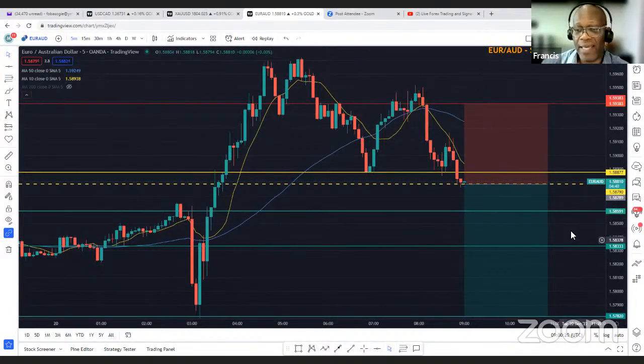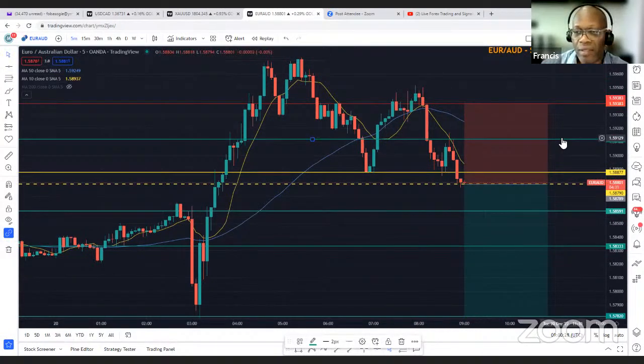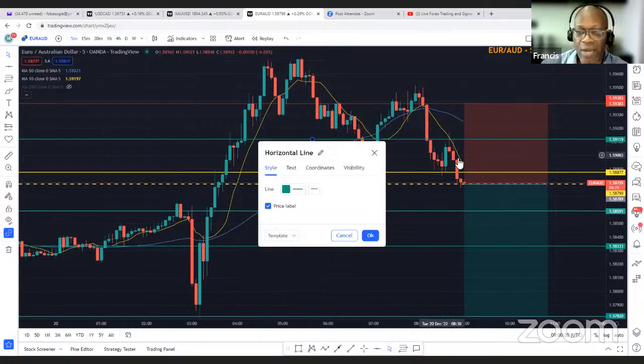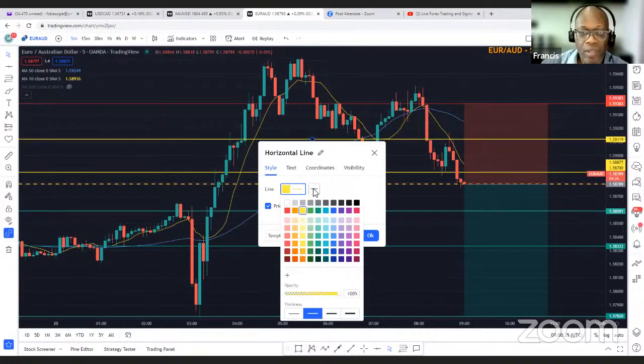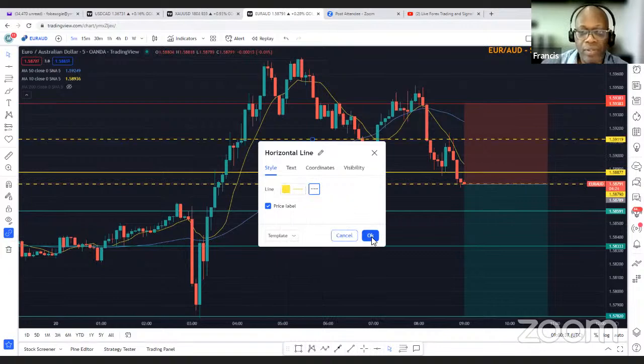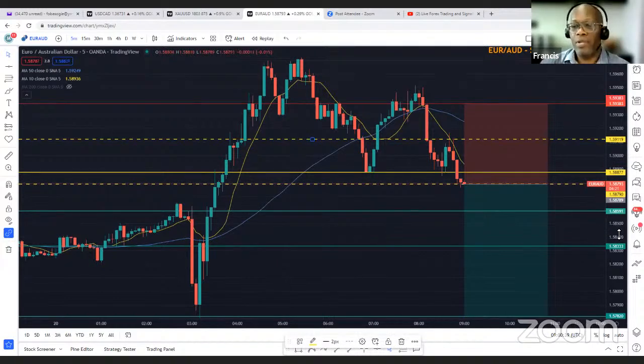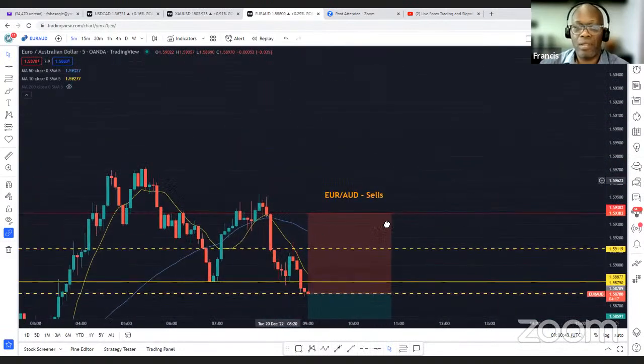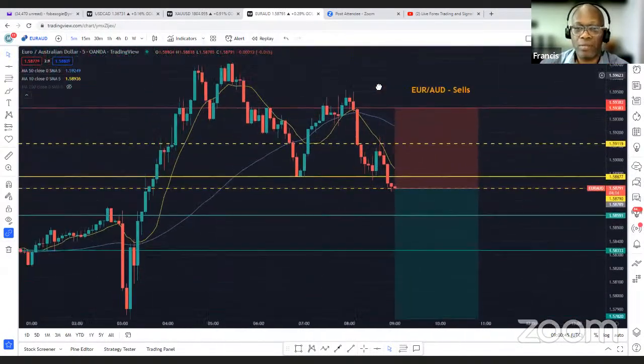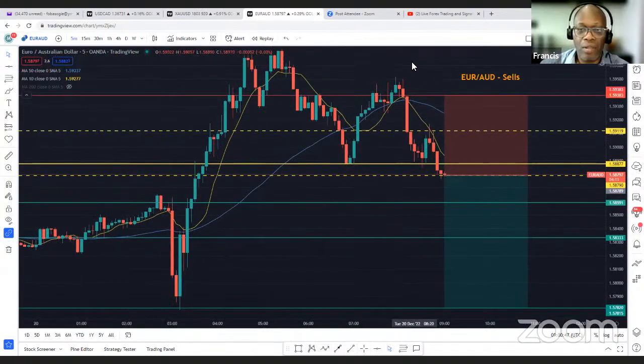In this particular case, I've entered here. I'll be looking to take another position somewhere around there, because that was the area of rejection earlier on. Okay, so that's the trade we are in.